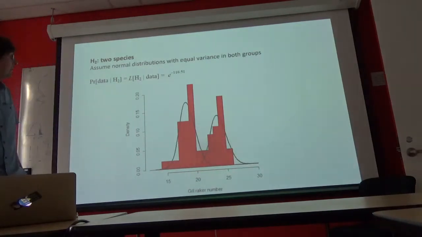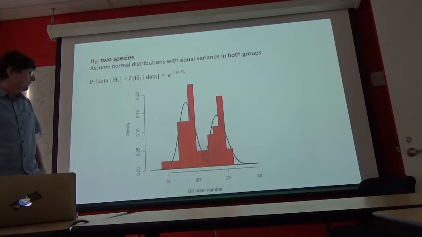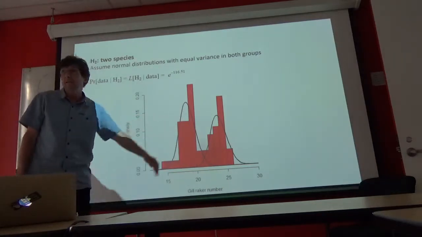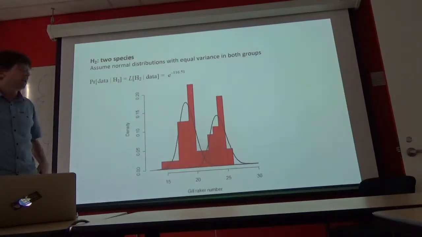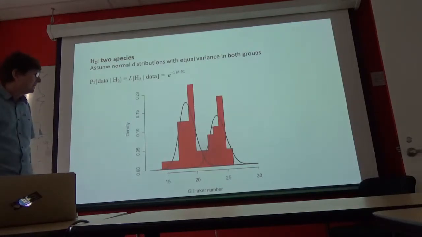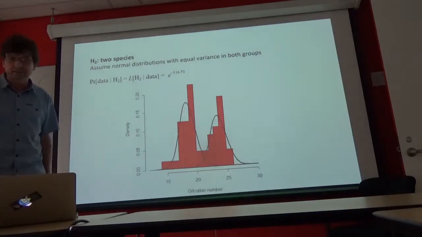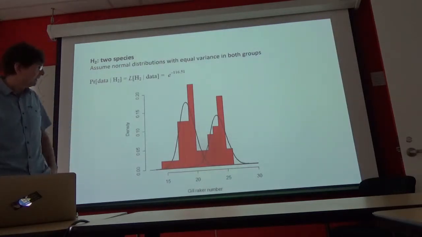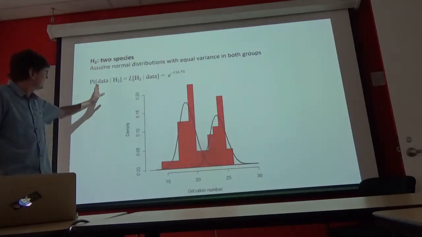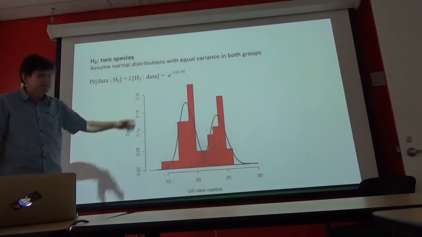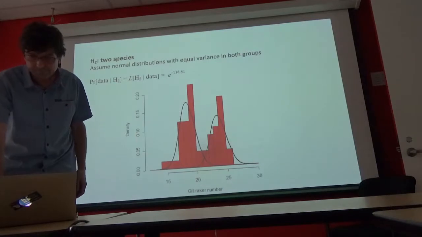And then we can repeat a similar calculation for the alternative, hypothesis 2, that there are two species in this lake, and that involves fitting two normals, one to one cluster and one to the other. We don't know where the clusters are. We ask maximum likelihood to find us those clusters as best it can. And here are the best fitting normal distributions, and we can calculate the likelihood, the probability of the data given that there are two species, as this.